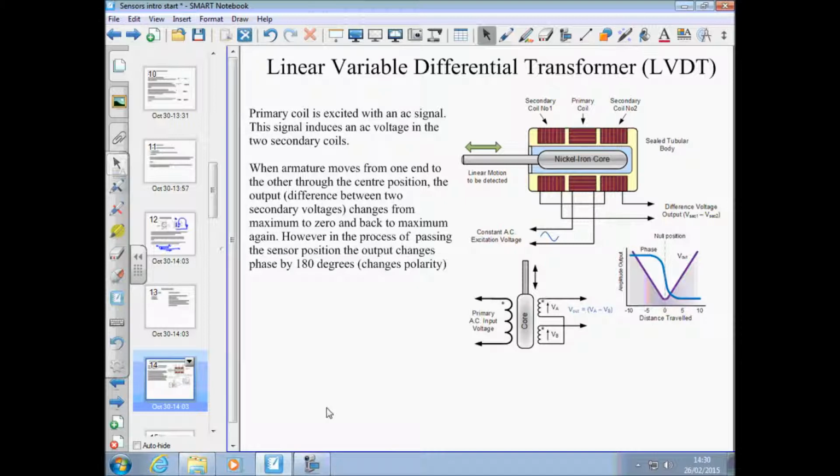So when it's completely in the middle, and you've got the same amount of core in both of the secondaries, the outputs from both secondary coils are equal in magnitude, but 180 degrees out of phase with each other.